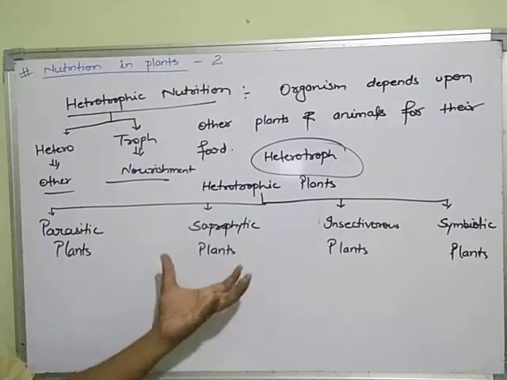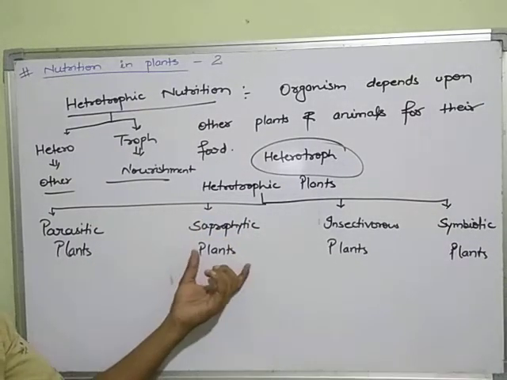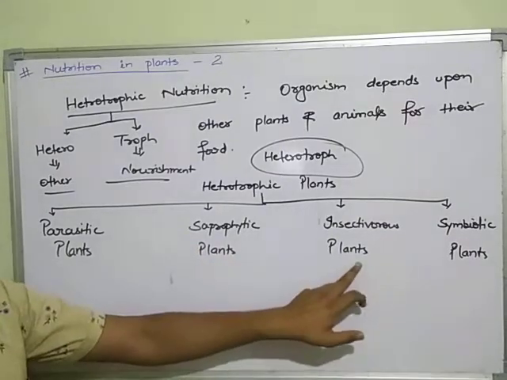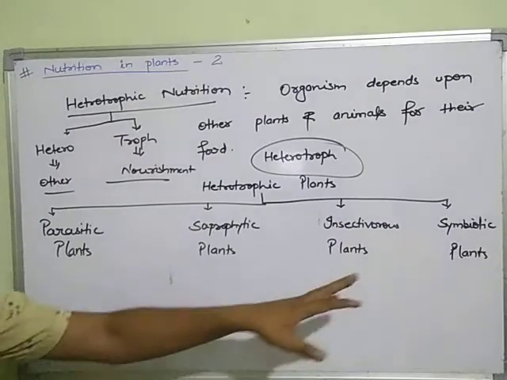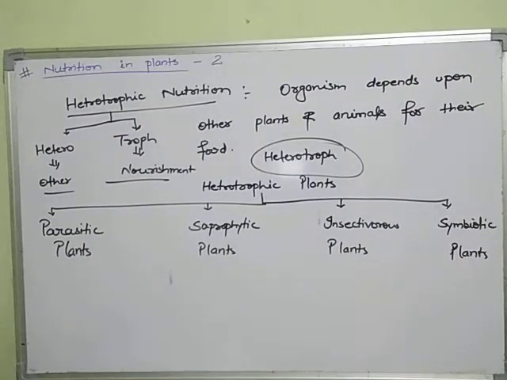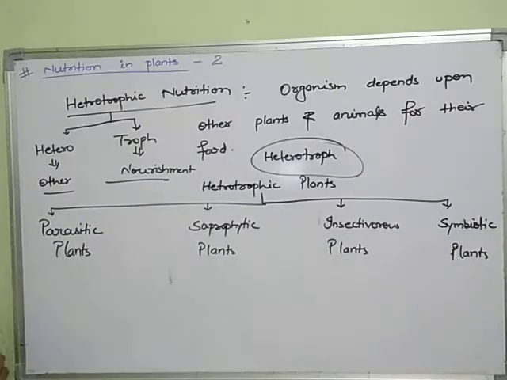Heterotrophic plants are categorized into four major types. The first one is parasitic plants, second one is saprophytic plants, third one is insectivorous plants, and the fourth one is symbiotic plants. We have to study all these four types of heterotrophic plants one by one. So I am going to start with the first one, that is parasitic plants.